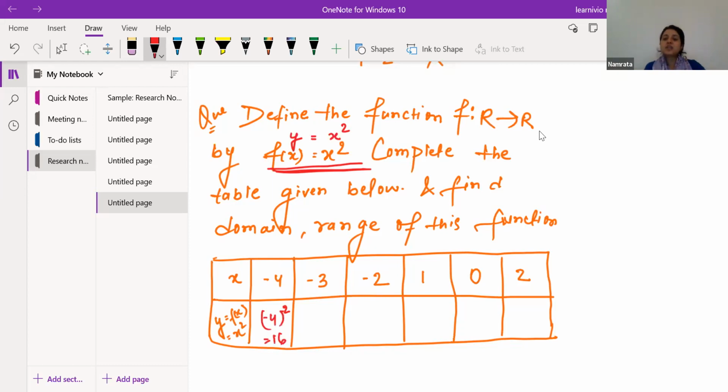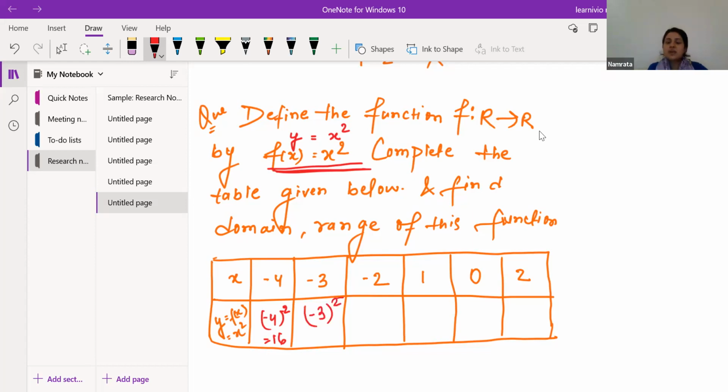Similarly, when x is -3, tell me what is the y value. Here we will do -3 square, right?